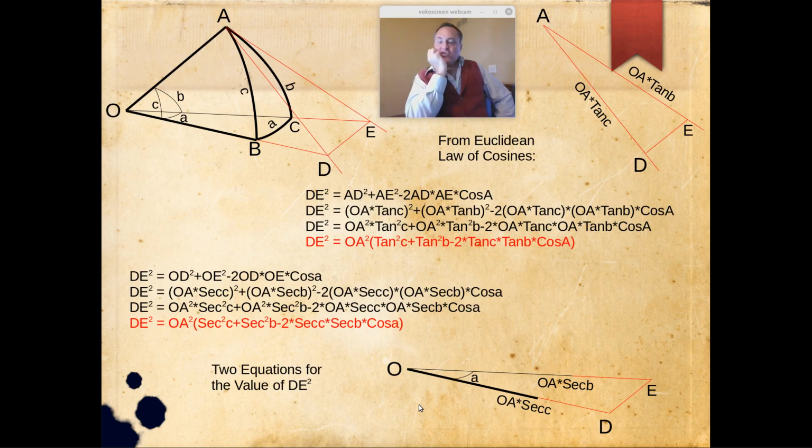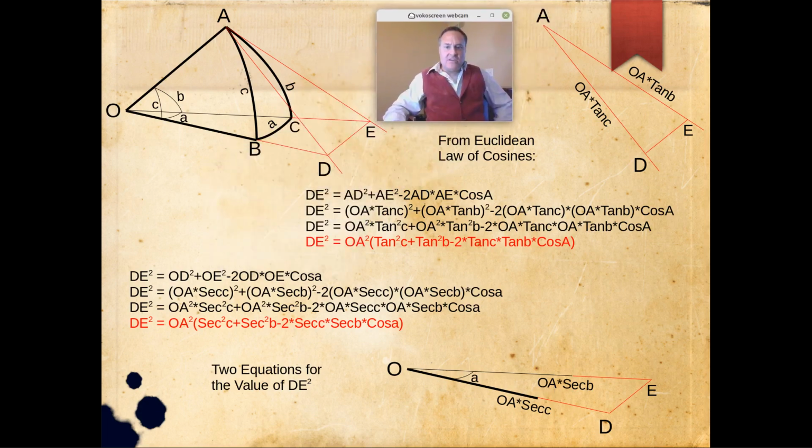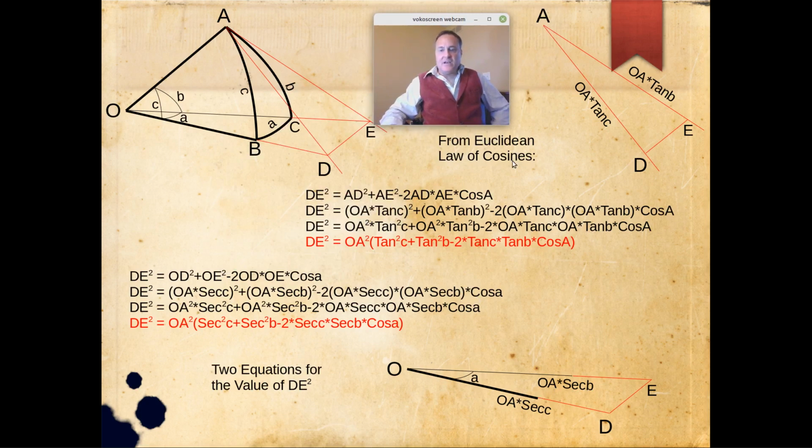Now, taking these two triangles, this one and this one, to a different slide here, we're going to use the Euclidean law of cosines. We've got A, an enclosed angle. We've got two sides that we know, and we want to discover this side.